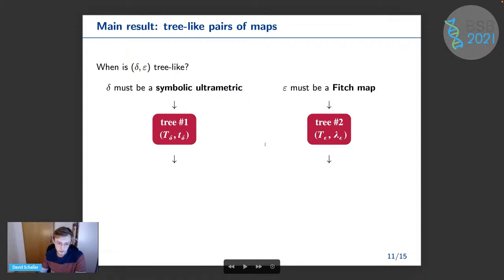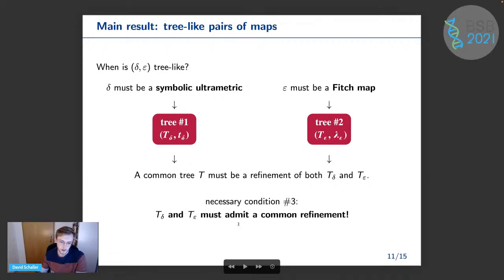And since both of these least resolved trees are unique, this means that a common tree that explains both maps must be a refinement of both of these trees. So from this, we can now get a third condition that looks as follows. Both of these trees must admit some common refinement because otherwise this is simply not possible.